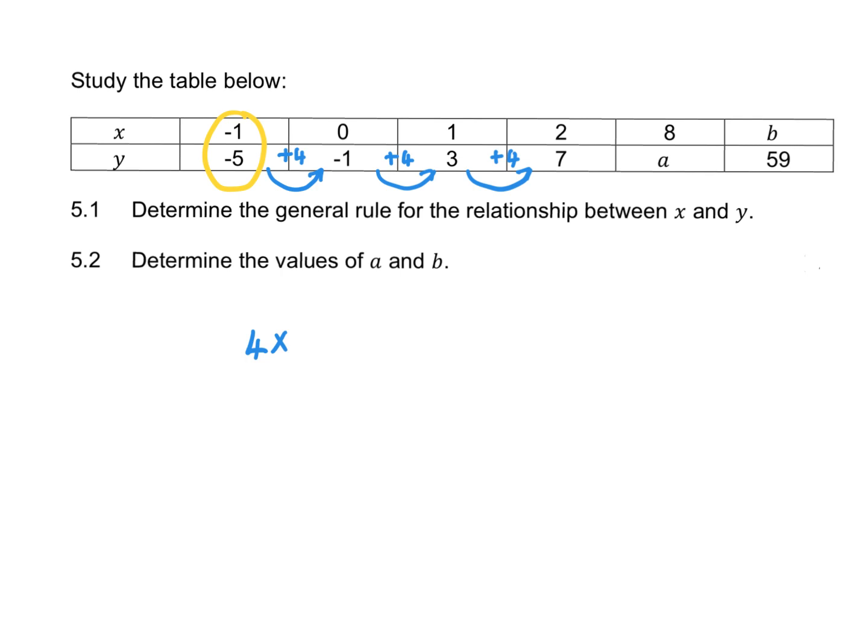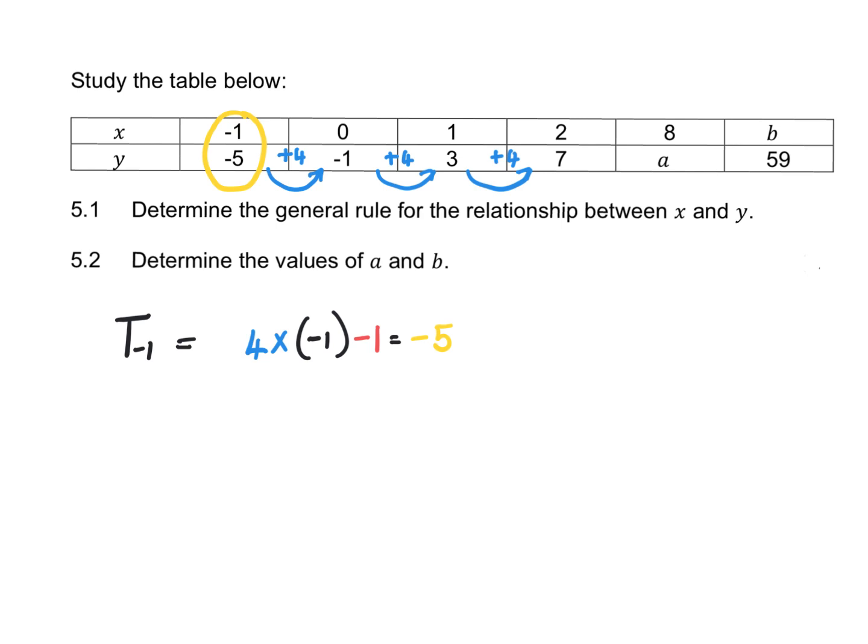They're saying my first number is -1, so it's almost like I have term -1 over here, which means I have -1 over there. 4 times -1 gives me -4, but they tell me that the answer is actually -5. So how do I get from -4 to -5? Well, that means I need to minus 1. That looks strange.